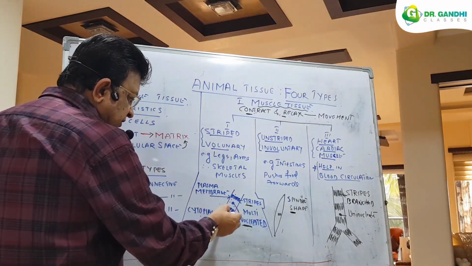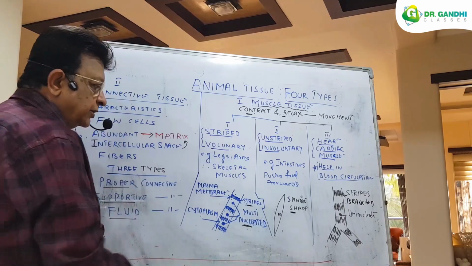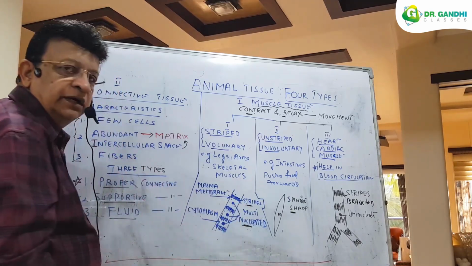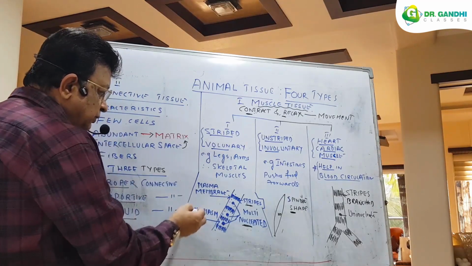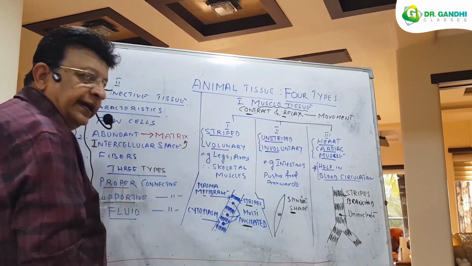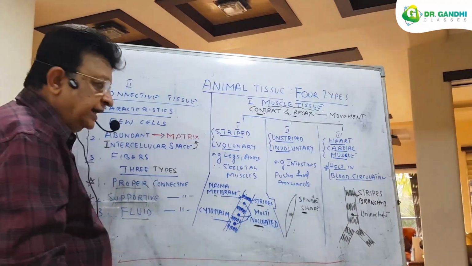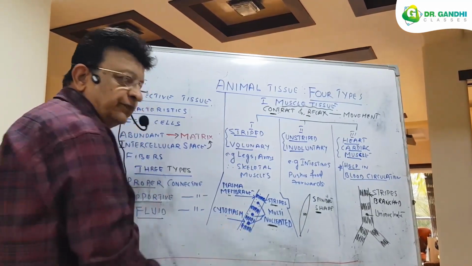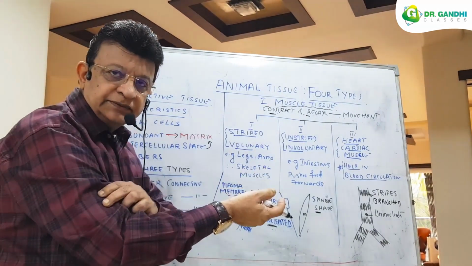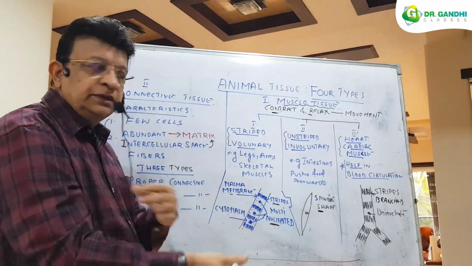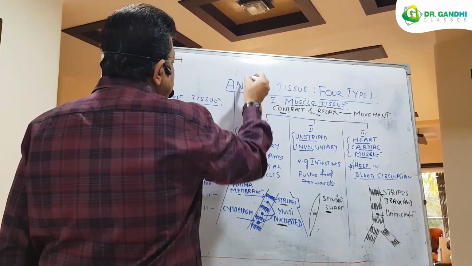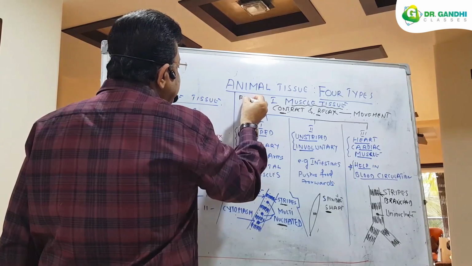Now, the plasma membrane and the cytoplasm. Look here, the partitions of the cell wall have been removed to make it into a single elongated group of cells, a muscle tissue. What is the name for the plasma membrane? It comes from the word flesh. If you touch your flesh, remember, muscle is fleshy.